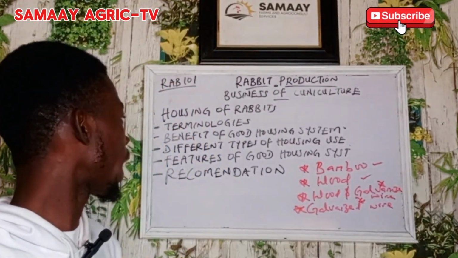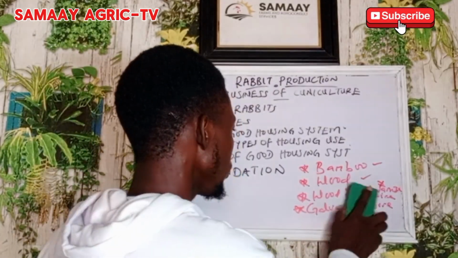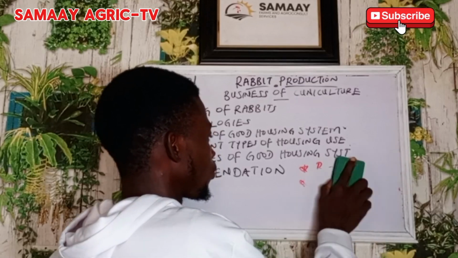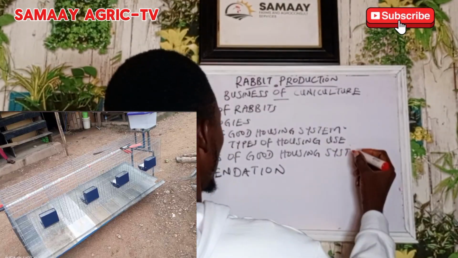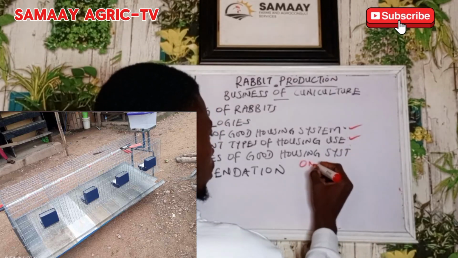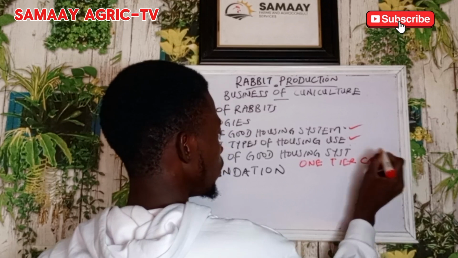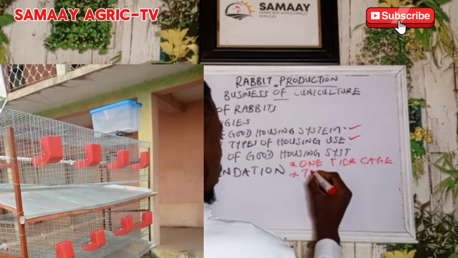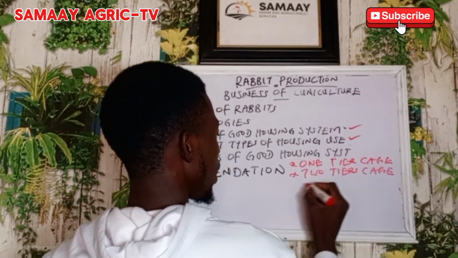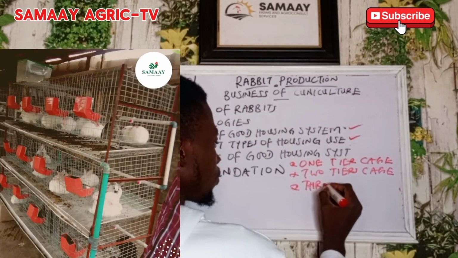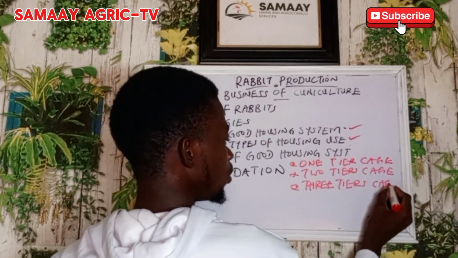And when we look at the different types of housing, we look at the one tier cage, the two tier cage, and the three tier cage.